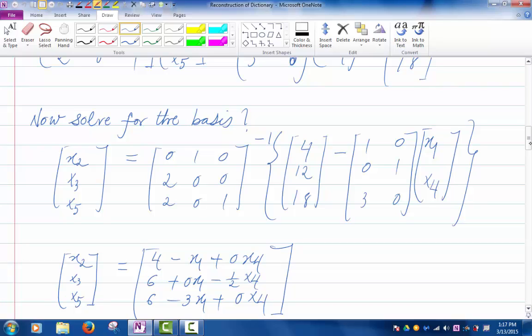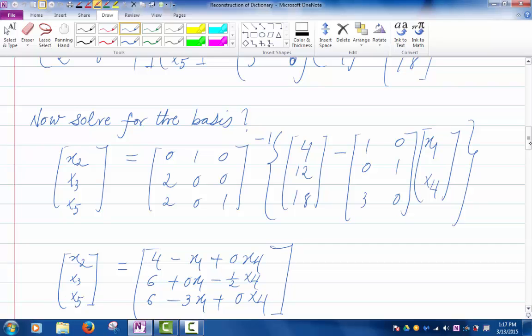Let me just say that knowing that the dictionary was obtained at some point during Simplex, you are guaranteed that the inverse is there. Whatever matrix AB you get, it is invertible if we know that the dictionary is a dictionary from the Simplex.